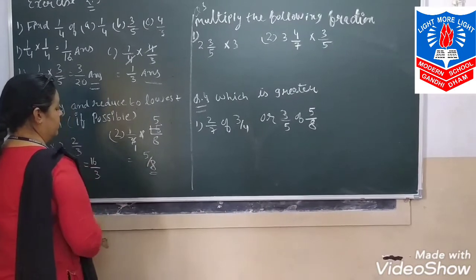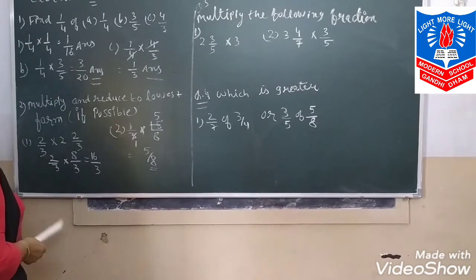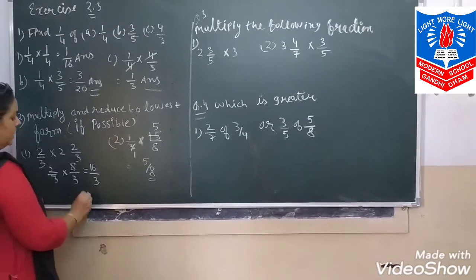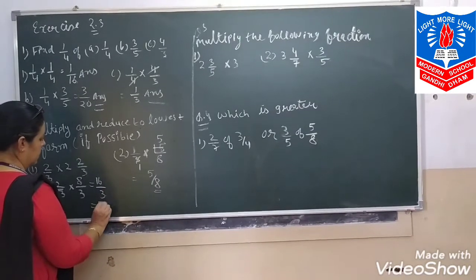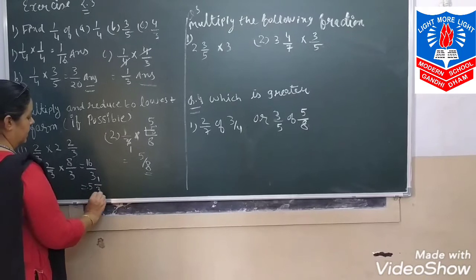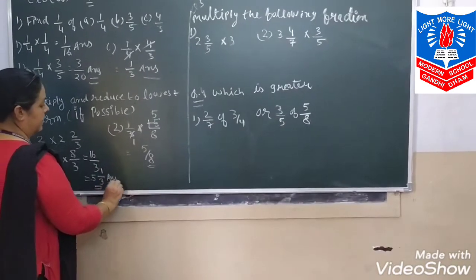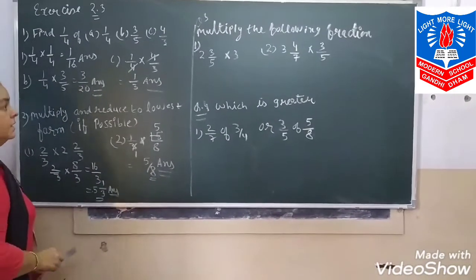Here the denominator is bigger, so we cannot change into a mixed fraction, but here it is possible. Let's change into mixed fraction. 3 fives are 15 plus 1, 5 integer 1 by 3 is the answer. And here 5 by 8 is your answer.